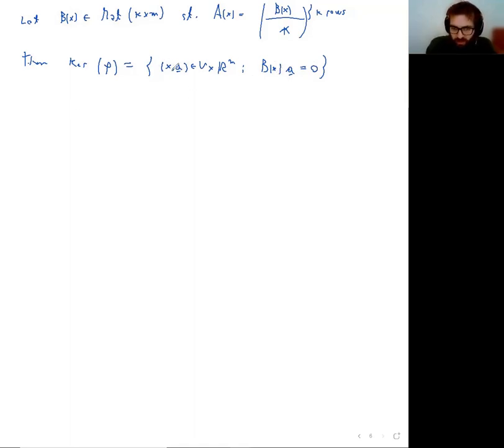And why do we care about this? Well, because then this is a kind of maximal rank, and this lets us use the implicit function theorem. So let's define a function which will be useful to apply the implicit function theorem.